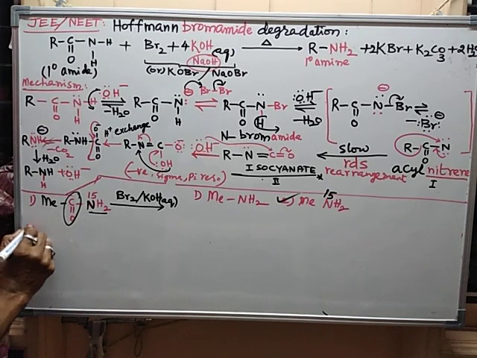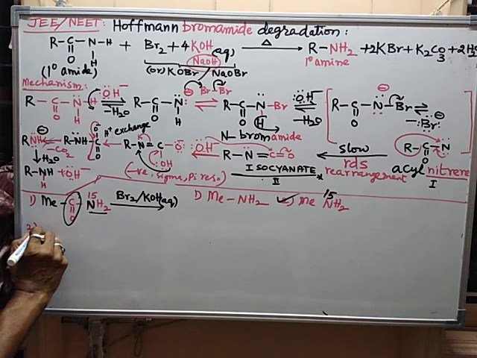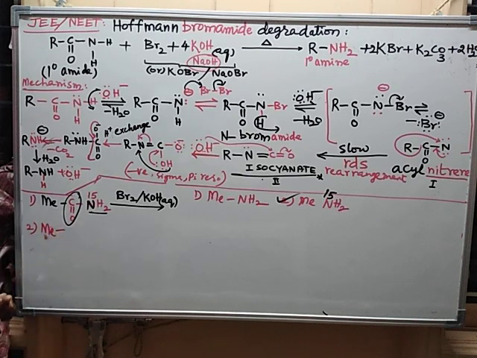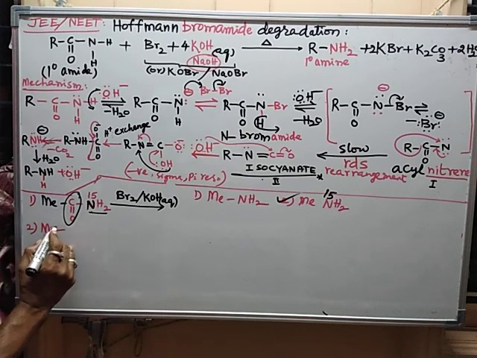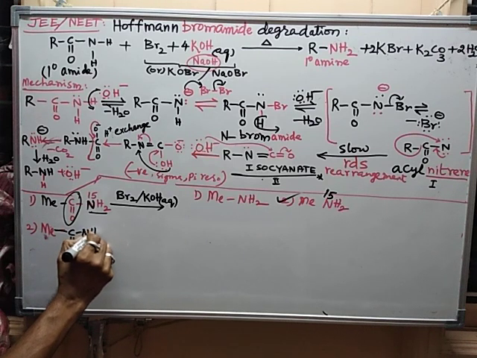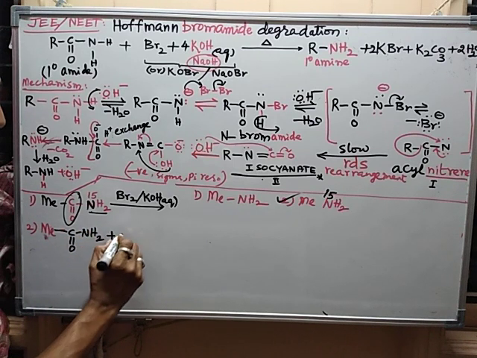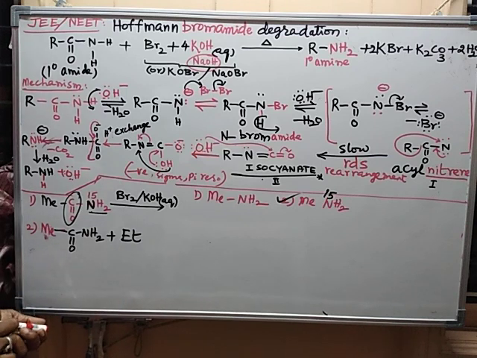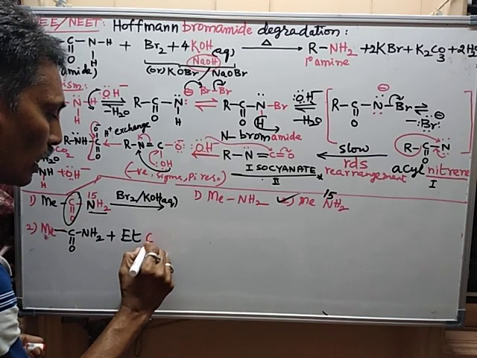Now, in the second question, this knowledge will help you to decide the product. That is, CH3 CONH2, methyl amide, plus ethyl CONH2. Two different amides are taken.